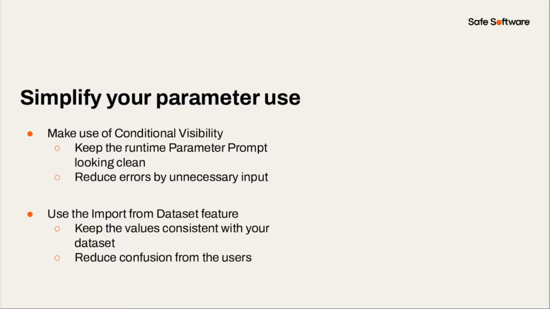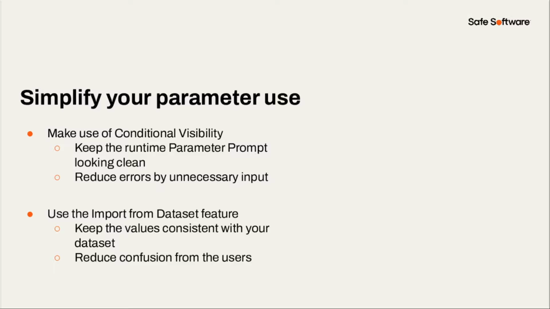Yeah, thanks. I just want to hammer in the whole conditional visibility feature that we have and make use of it. We've seen it in a couple different forms through the various demonstrations, but it keeps the runtime parameter prompt looking clean, and it reduces errors from unnecessary input from the user.